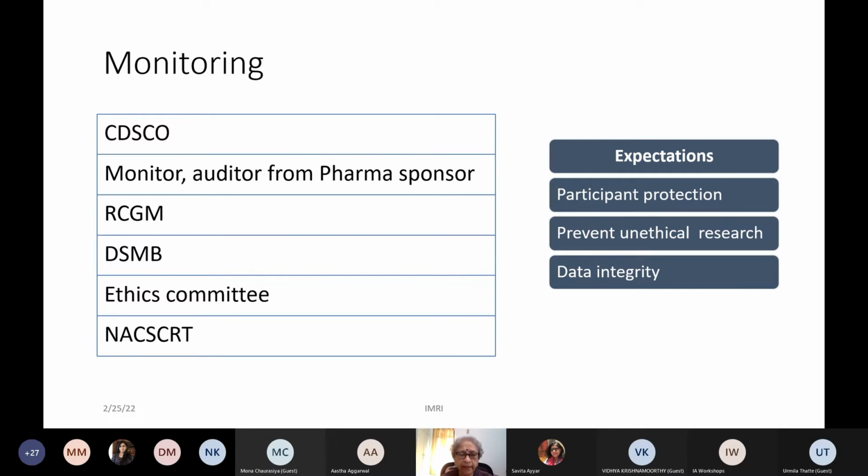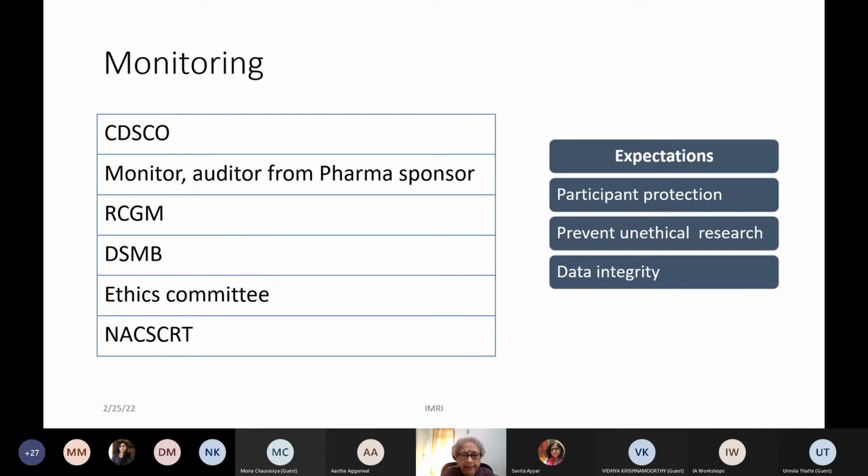And the DSMB, Data Safety Monitoring Board, is appointed not for every research, but ideally for research which has high risk, or where the sponsor decides. The sponsor always appoints a DSMB to go through the trial data to see whether the trial has to be stopped or continued, and the validity of the data as well.